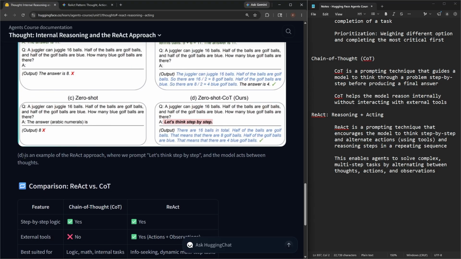All right. This is an example of the ReAct approach, where we prompt, let's think step by step, and the model acts between thoughts. At some point we need to figure out how to get a small language model, or access to an older one, like the first Gemini or whatever, and try this and see how well it does.